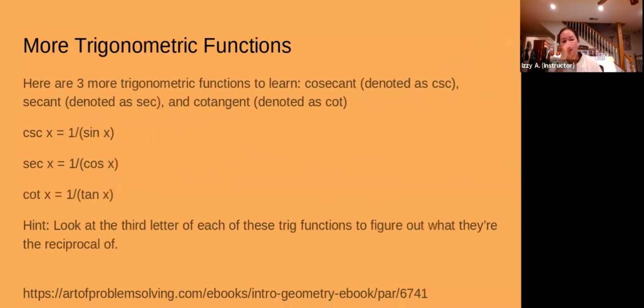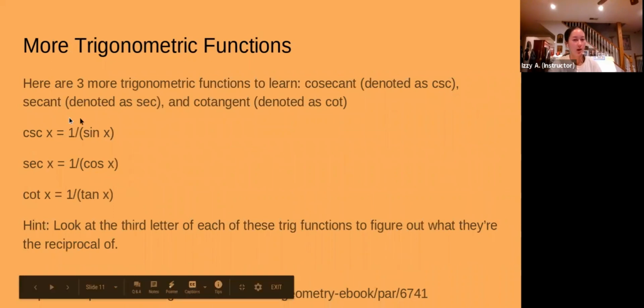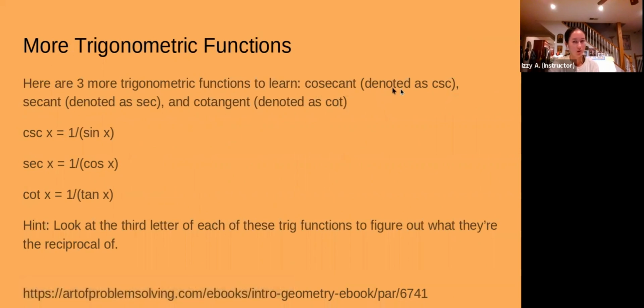So next, as Alvin said previously, we have more trigonometric functions to go over, and those are cosecant, secant, and cotangent. Cosecant is denoted as CSC, secant is denoted as SEC, and cotangent is denoted as COT.